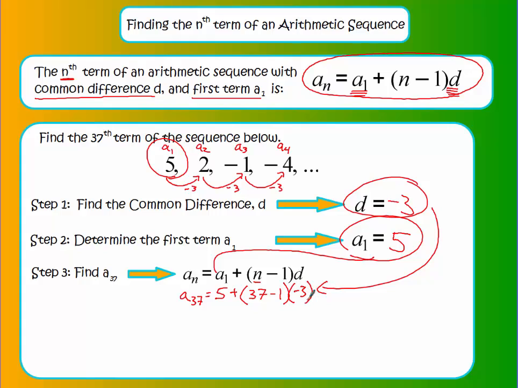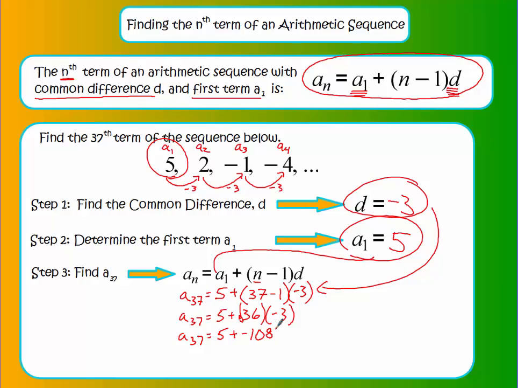So make sure we have our parentheses. So a sub 37 is going to be 5 plus 36 times a negative 3. So a sub 37 is going to be 5 plus negative 108.